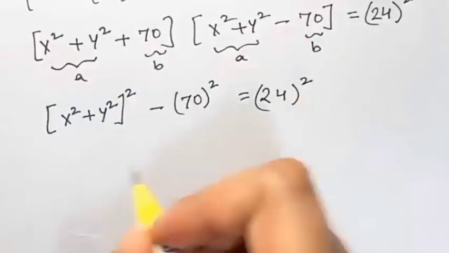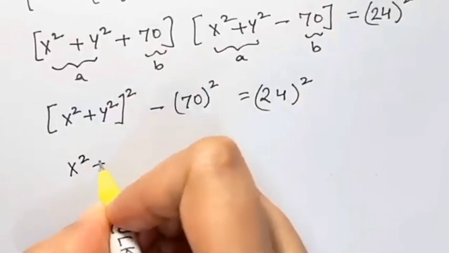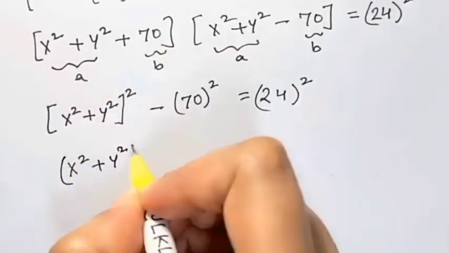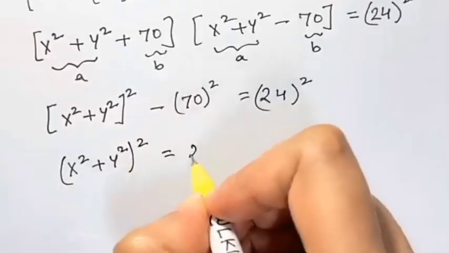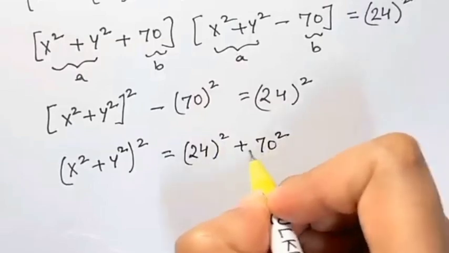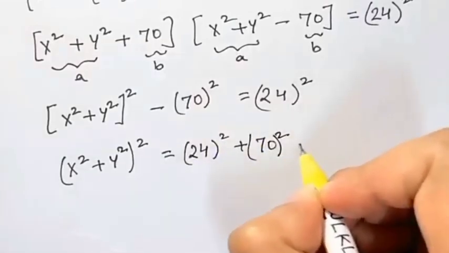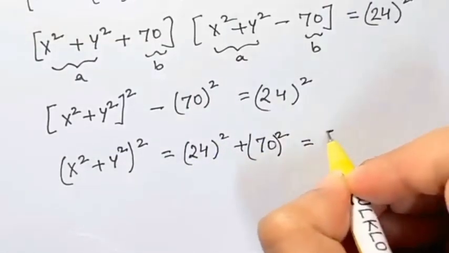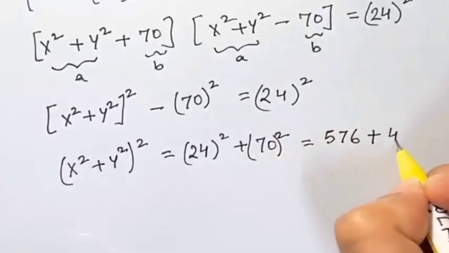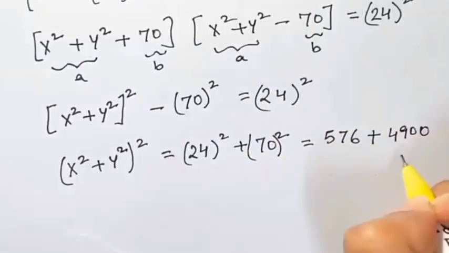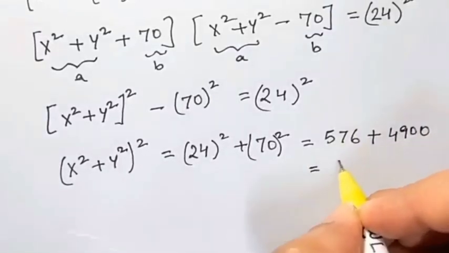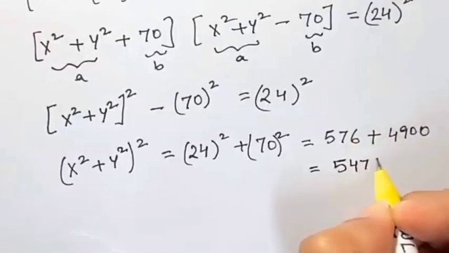Let me send this here. So I have (x² + y²)² is equal to 24² + 70². And what is 24² + 70²? That is 576 plus 70² is 4900, and when we add up, we get 5476.